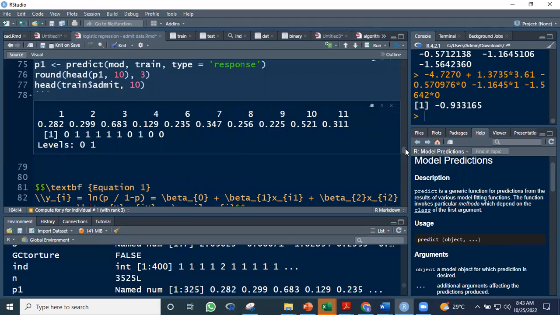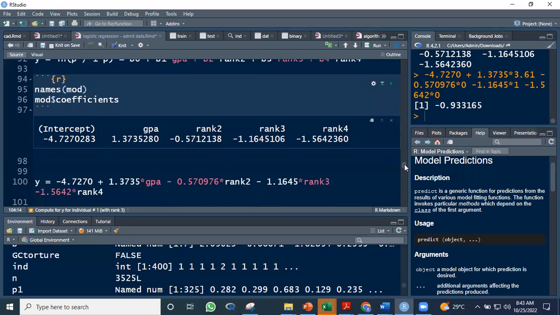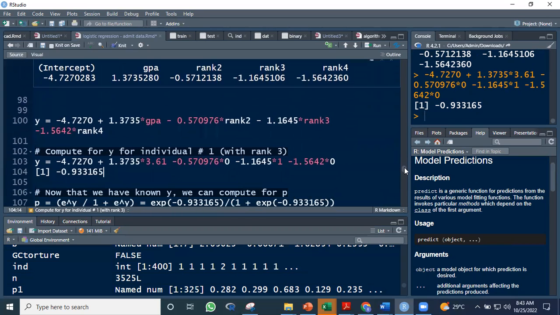Okay, do you get my question? Class, ulitin ko kasi importante yung question. When we substituted for observation number 1, we substituted the GPA, yung GPA niya 3.61, at saka rank 3 siya. So rank 2 and rank 4 cancels out. So ito na lang yung contribution dun sa Y, no?